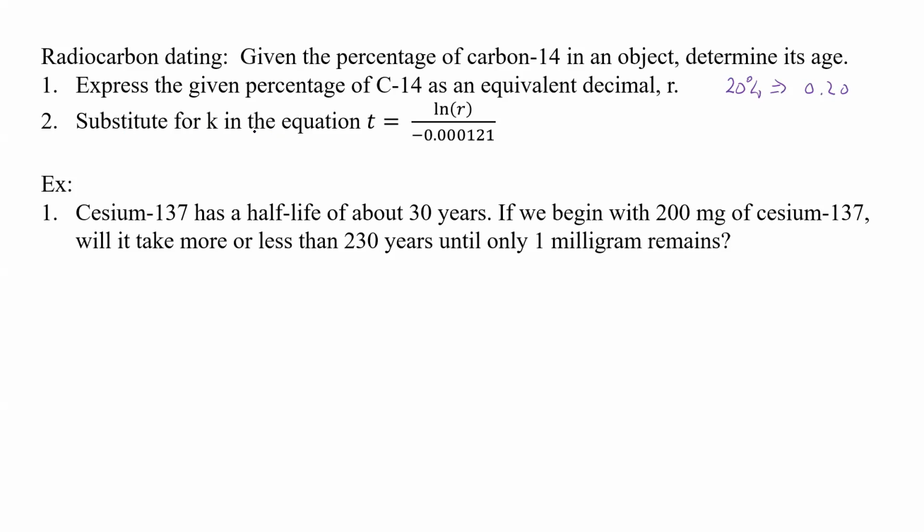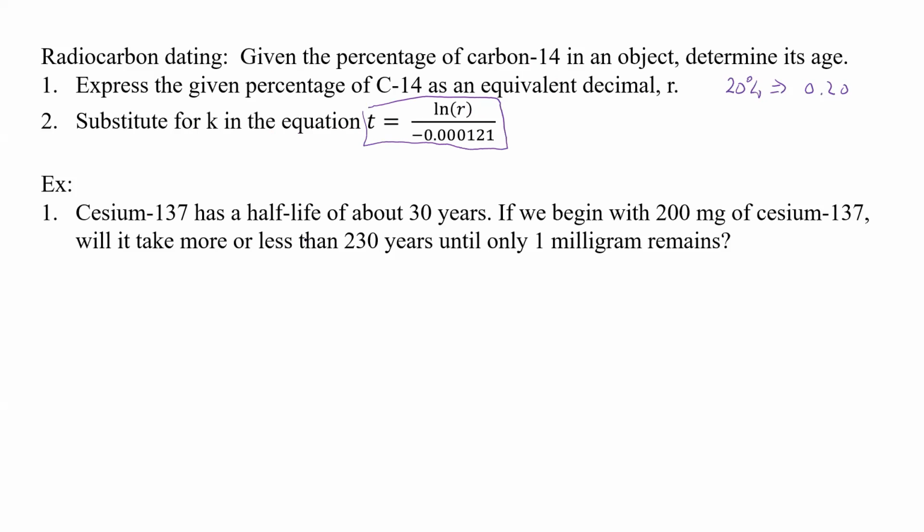Then we substitute k in the equation for t. We plug it all in, and that's what we get for t. That's the remaining amount, so that's what we plug in here. If we ever have problems with carbon-14, I don't think there are very many we actually have to do in the book, that's the equation we're going to use.